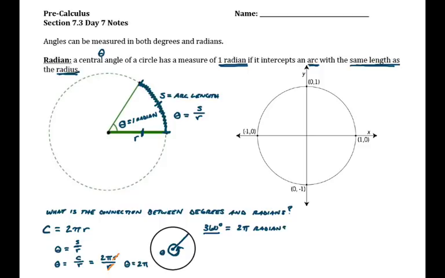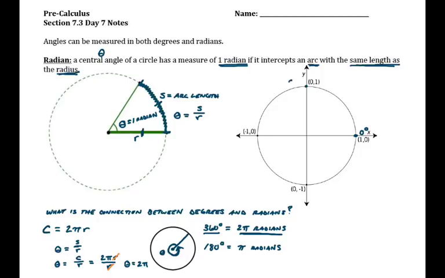So if 1 full revolution around the circle is 360 degrees, that is 2 pi radians. Then what if I did half a circle, or 180 degrees? Well, that would be pi radians, or half of 2 pi radians.